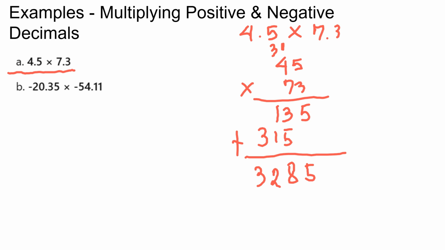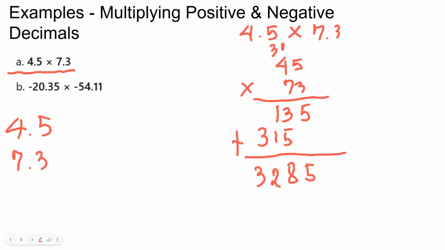Now, the next step is for us to count the what? We need to count the decimal places of the digits to the right of the decimal point, in both numbers you are multiplying. So 4.5 and 7.3.